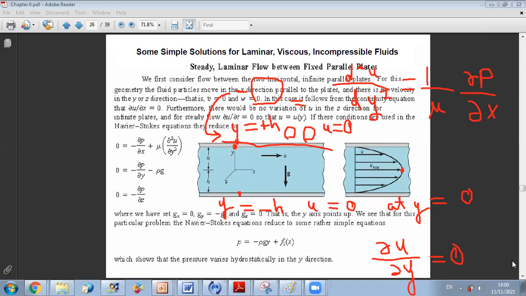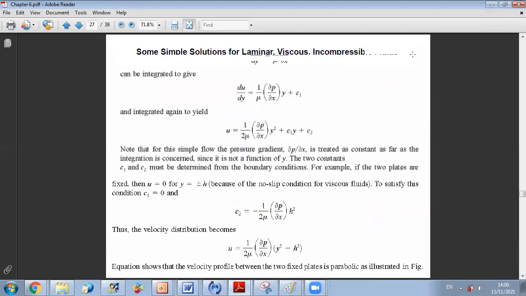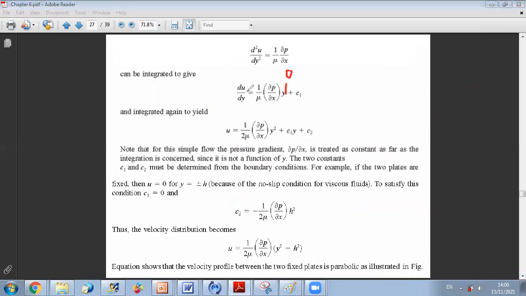So for example, if we consider the condition at the center, that del u by del y is 0 at the center, so when y equals 0, del u by del y should be 0, we end up with C1 equal to 0. Okay. Now, second step, to get C2, we apply y equal to h. So we replace y by h.